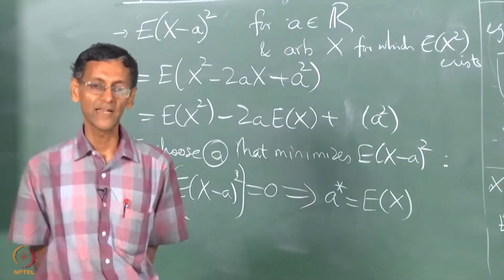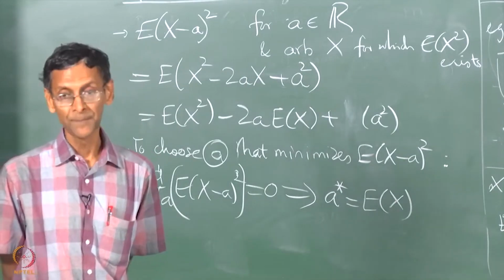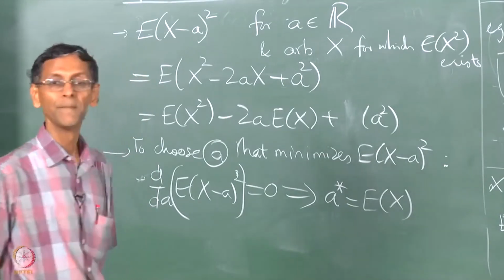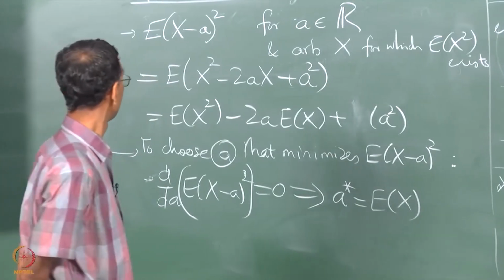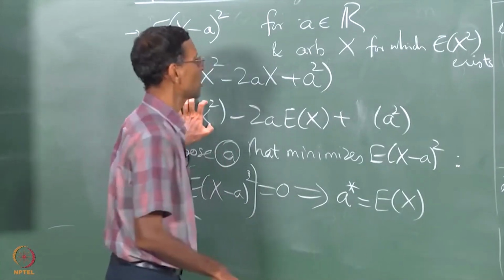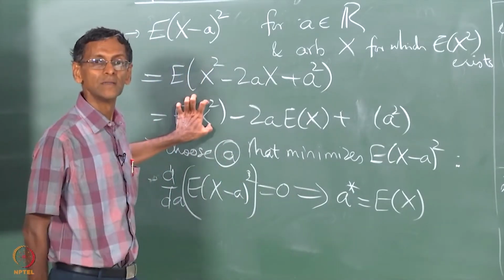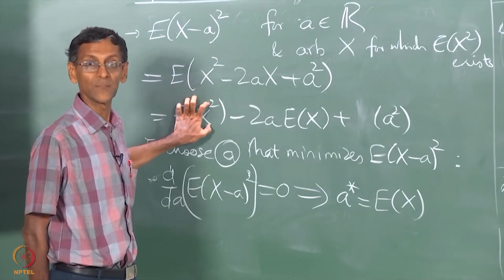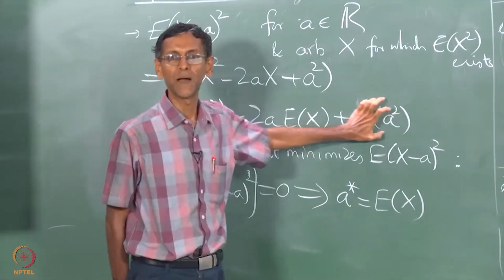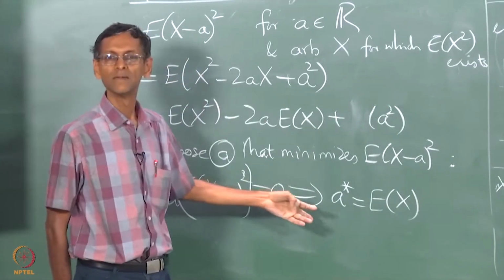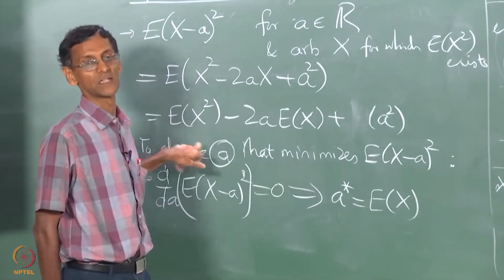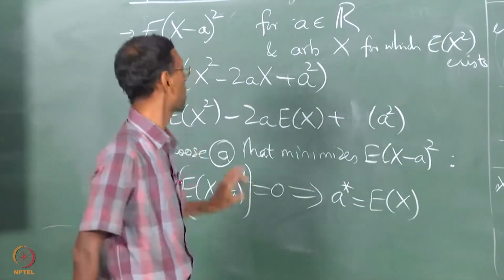There is a unique minimizer which we write as a star and not as a. Do you or do you not get this? This does not depend on a, no matter how fancy it is, it does not depend on a at all. So, it will go away. The only thing that depends on a is this part. Remember, this is a mere number as far as a is concerned. By changing a, you do not change this.